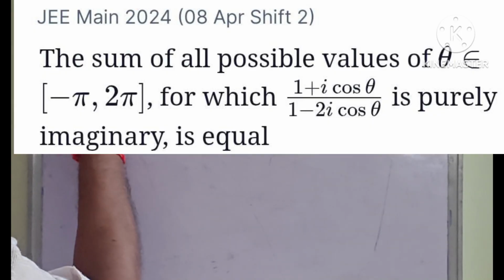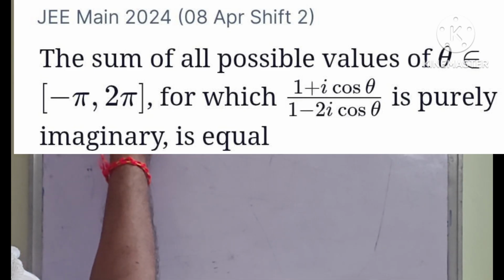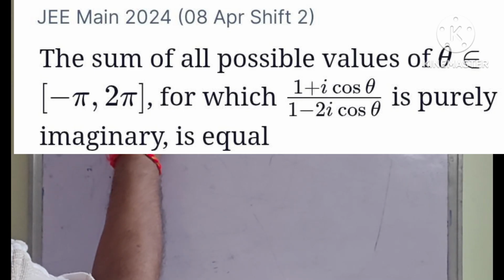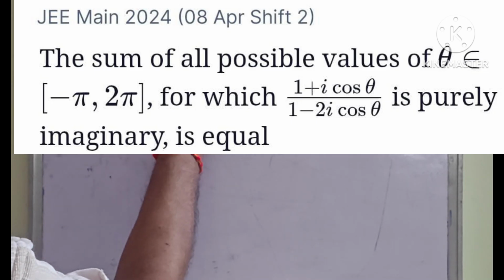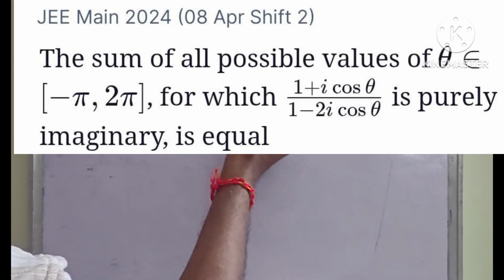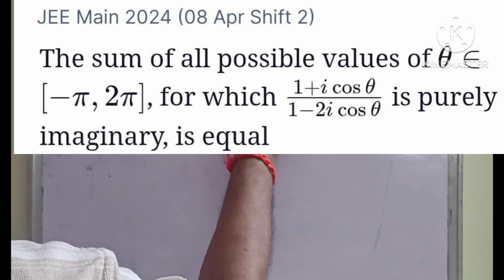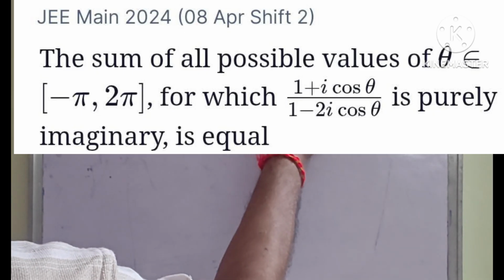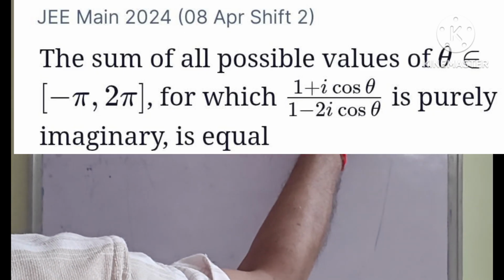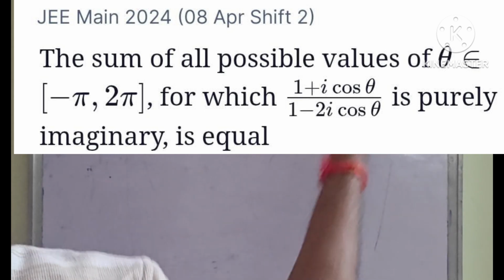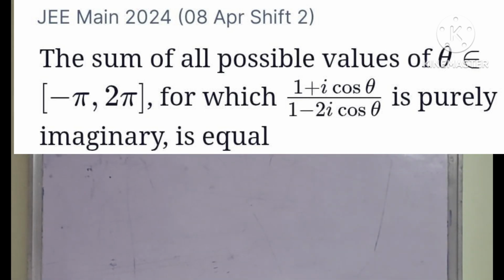Number 2, JEE 2024. The sum of all possible values of theta which belongs to minus pi comma 2 pi, for which (1 plus i cos theta) by (1 minus 2i cos theta) is purely imaginary.